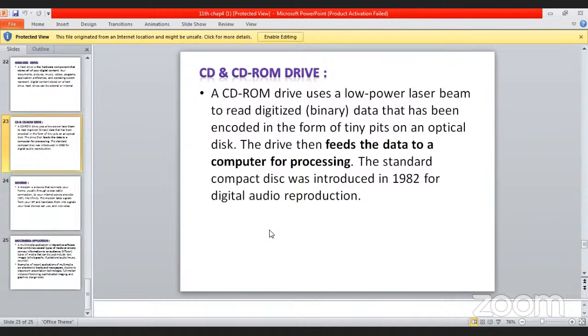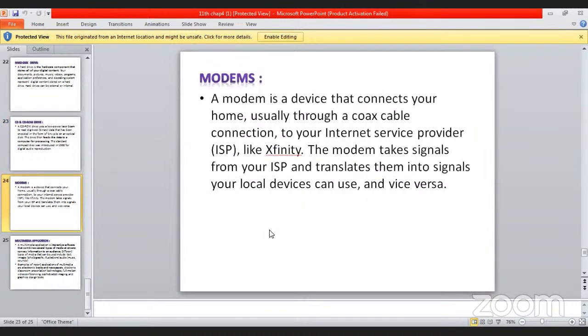Fourth one is DVD, means digital versatile disc. And last one is computer based CD-ROM drives, means compact disc read only memory drives are presented. Next topic is modem.